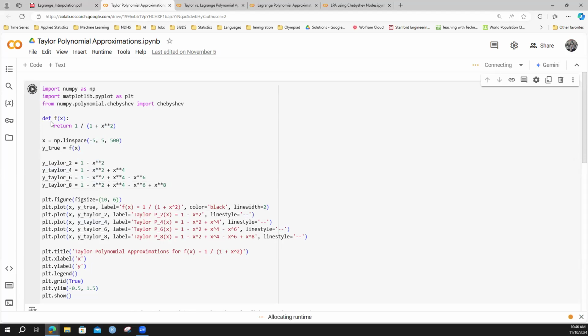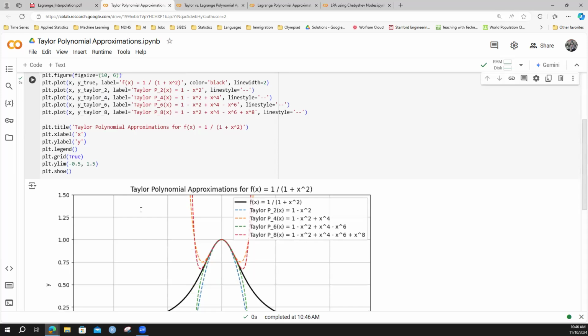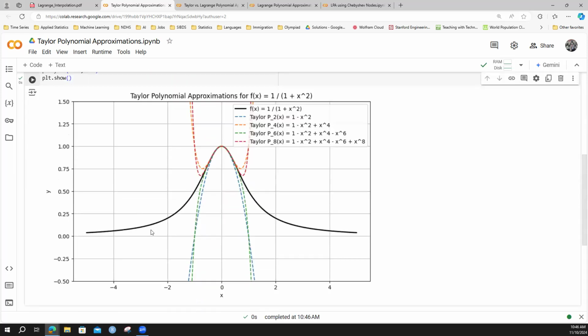Once you run this code, it is quite interesting that in the center it is more accurate, and beyond the center, it is not. See here, this is the function, 1 over 1 plus x squared, right?